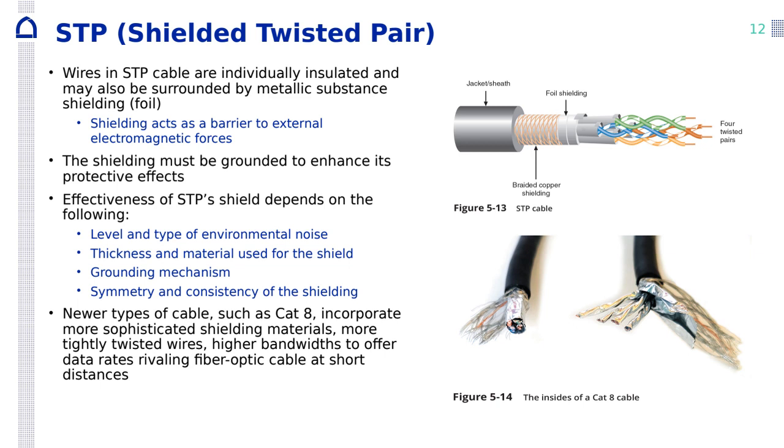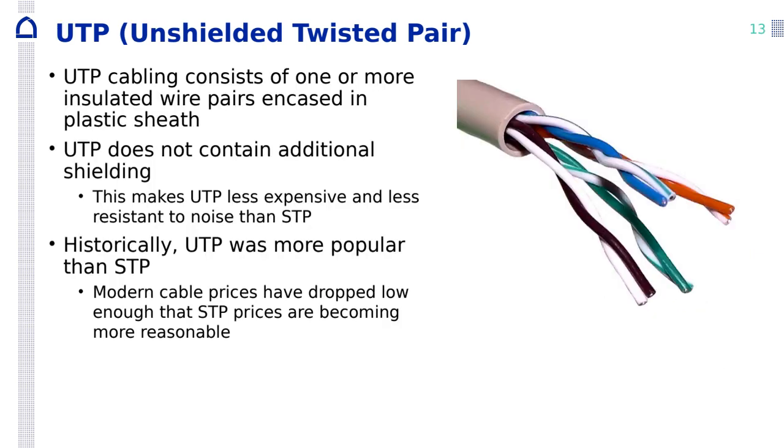STP cables are thick, they are more expensive. UTP, we all know the UTP, we have already talked about it. It does not contain additional shielding, and it's very popular. Nowadays, STP is becoming a little bit cheaper, so STP also is becoming popular.